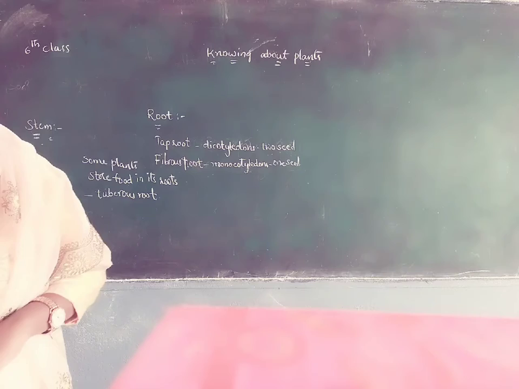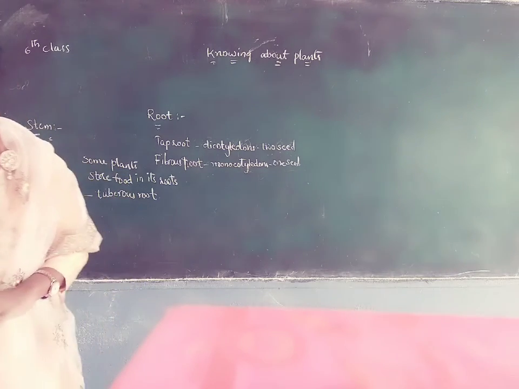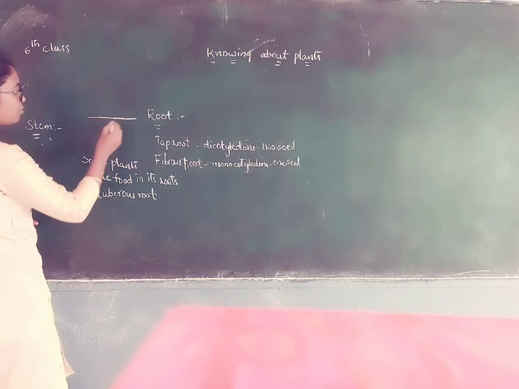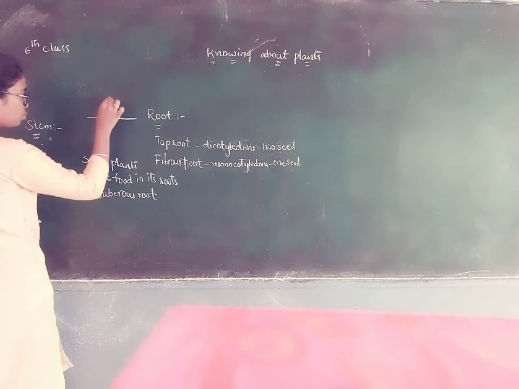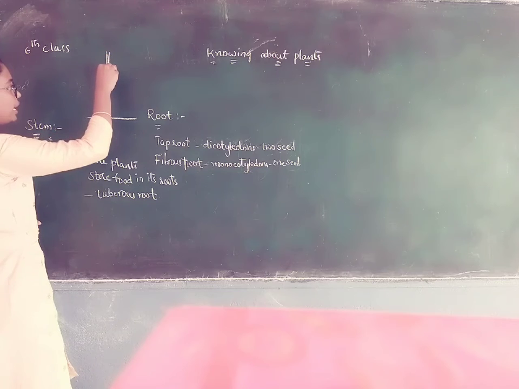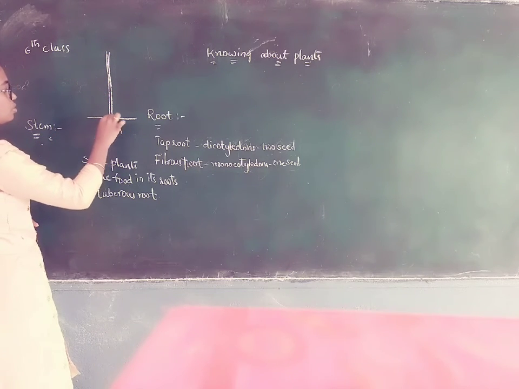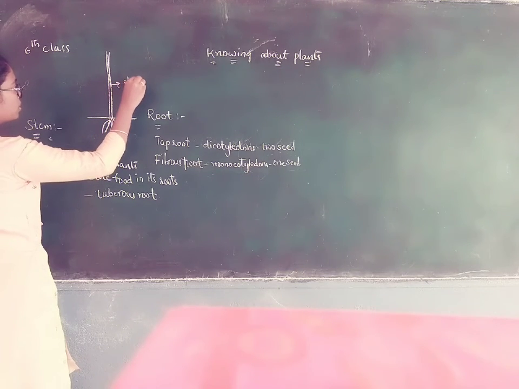The main axis of the shoot system is the stem. The aerial part, the part which rises from the ground towards the sunlight, is known as the stem. This part is also known as the shoot system.